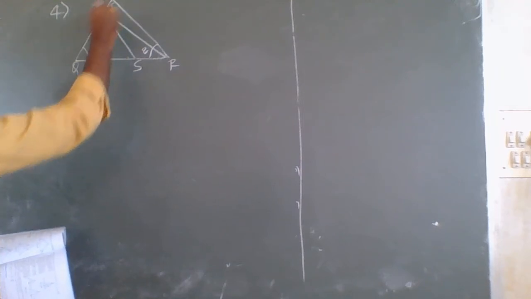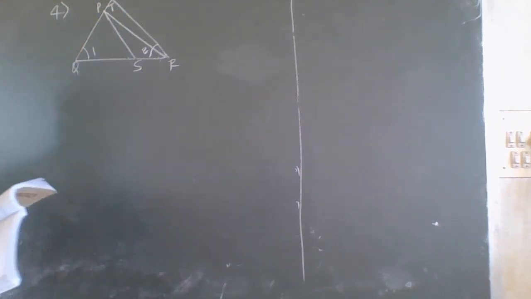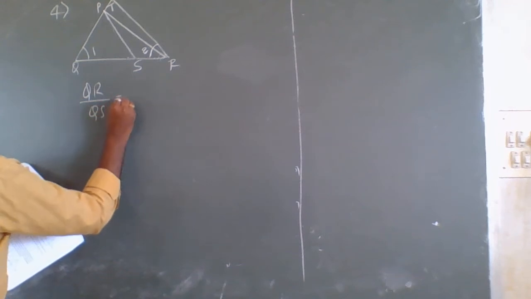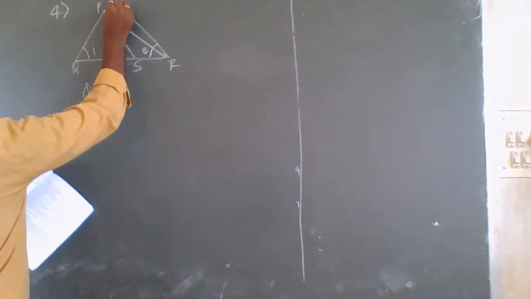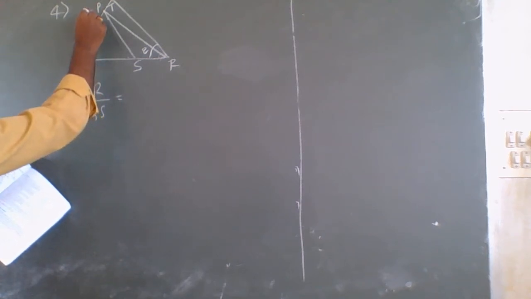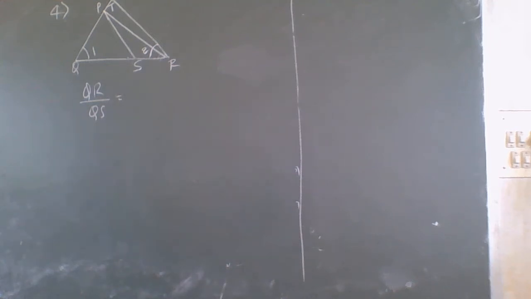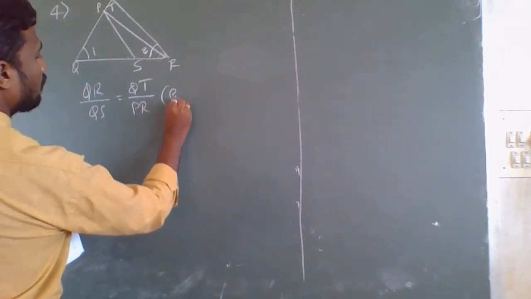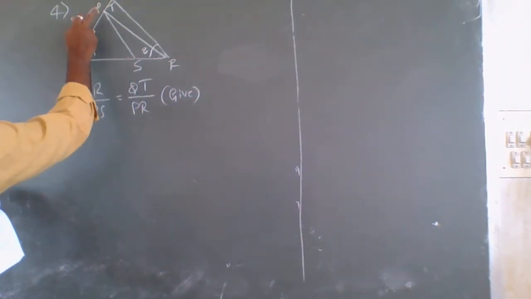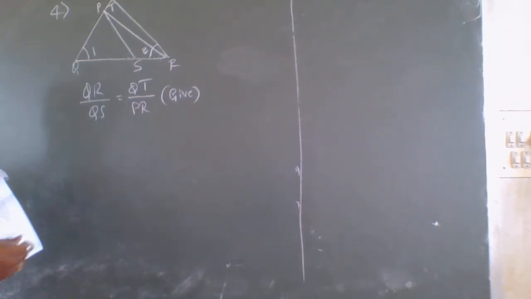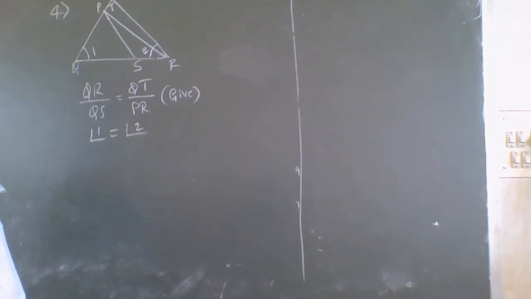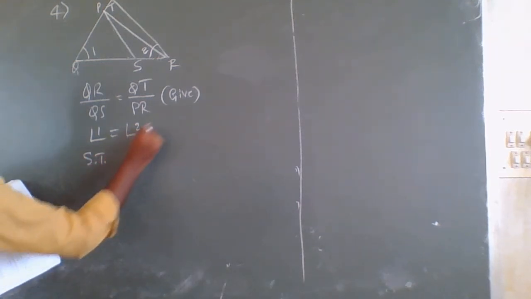Here is point T. Now what they have given in this figure is QR by QS equals QT by PR, and they are given that angle 1 is equal to angle 2.